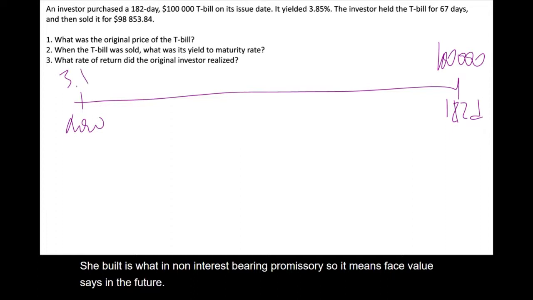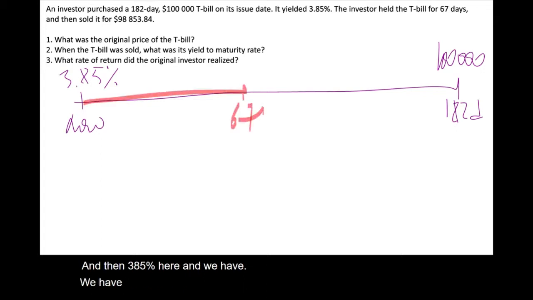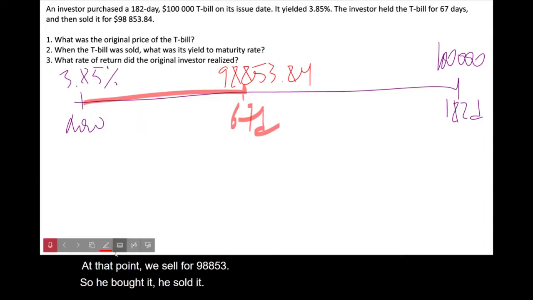Then 3.85% here, and we have 67 days, and at that point we sell for 98,853.84. So he bought it, he sold it, end of the story.